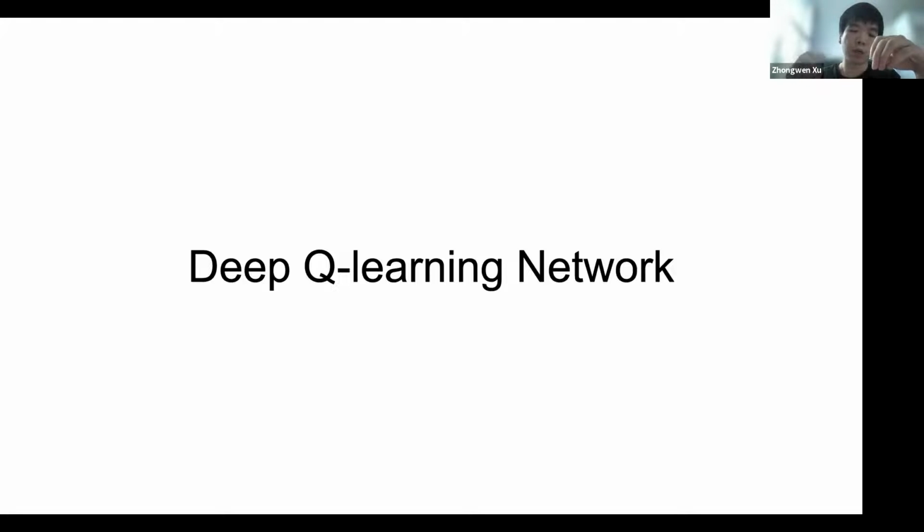Before this DQN paper, reinforcement learning was not considered a great algorithm, and no one really expected it to work in video games. So let's briefly talk about this first breakthrough in deep reinforcement learning.